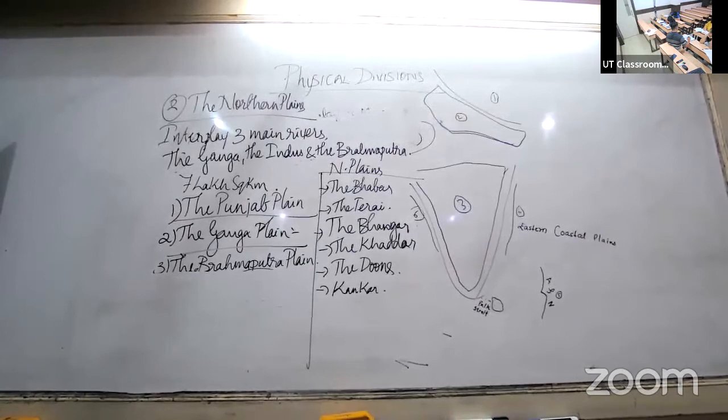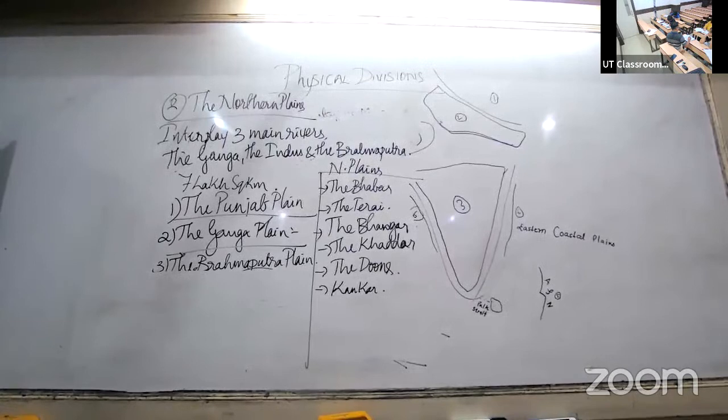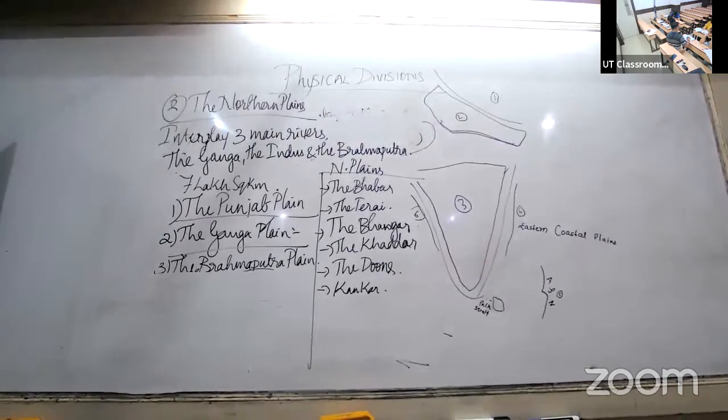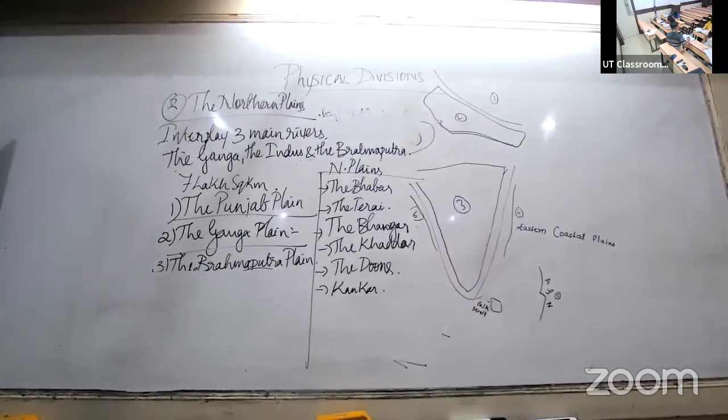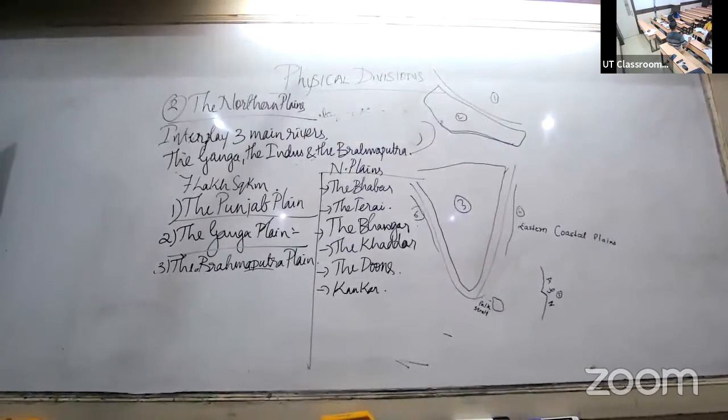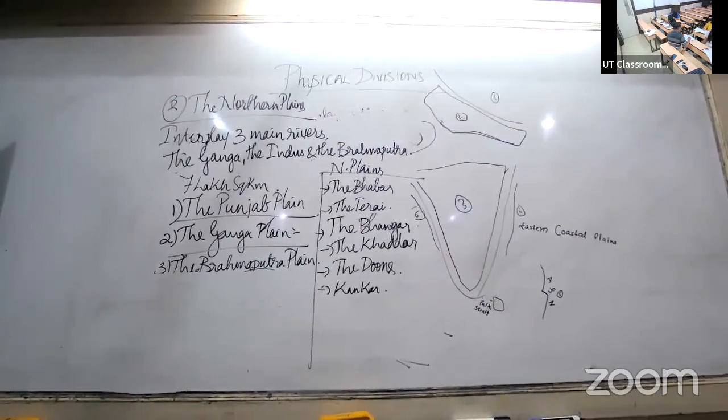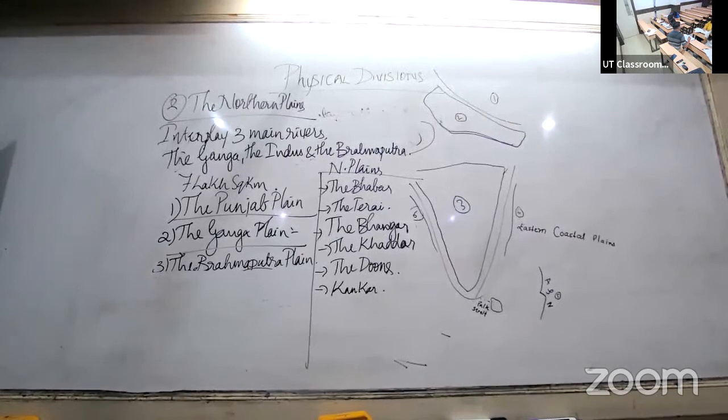Underline, older alluvium forms Bhangar, floodplain, Khadar. You have to distinguish them, but that time I will give.